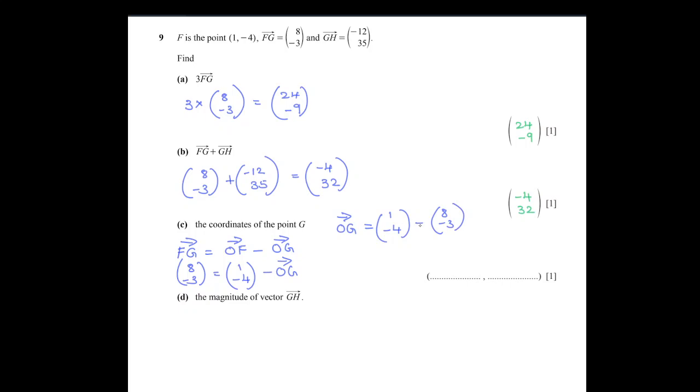Okay, plus it is. Because see, if I bring this onto the left hand side, it is plus OG.